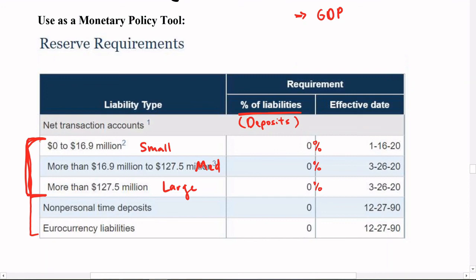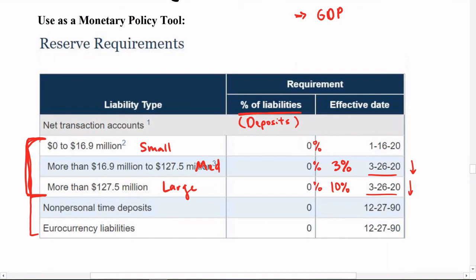A lot of this was done recently. Before this happened, the medium-sized banks had 3% reserve requirements, and the large banks had 10% reserve requirements. But just recently, because of coronavirus, the Federal Reserve decreased all of these reserve requirements to 0. And so we're at a limit with those.